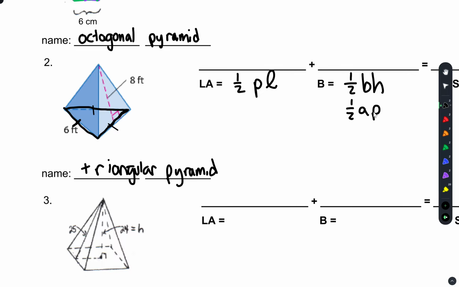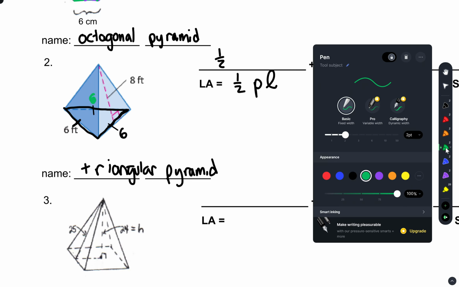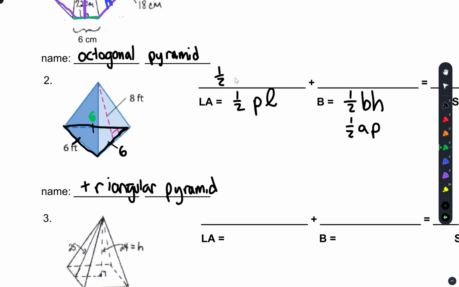Okay, so let's start with the lateral area. I want 1/2 the perimeter of this base, 6 plus 6 plus 6 is 18. And the slant height of this shape, again, goes from the top down the side. That's an 8. Okay. Then for my base, 1/2.